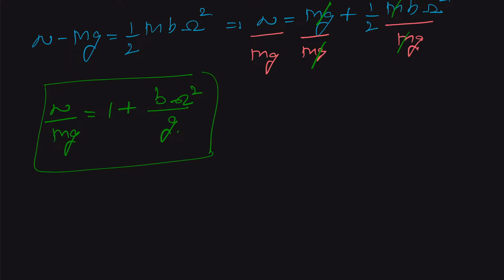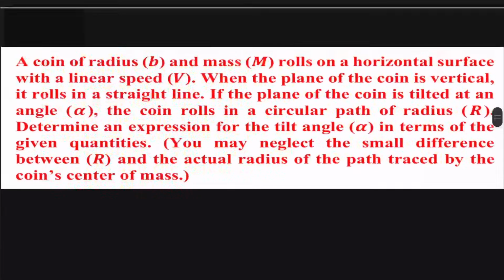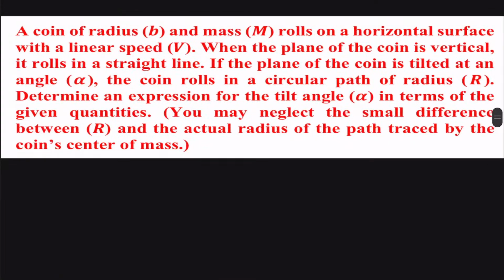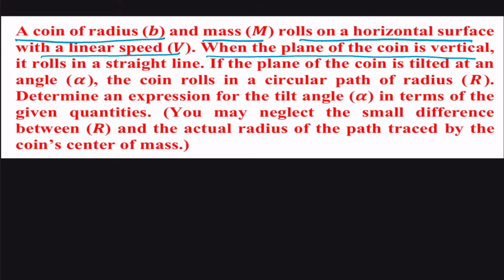Okay, so next question. It states that a coin of radius b, mass m, rolls on a horizontal surface with a linear speed v. When the plane of the coin is vertical, it rolls in a straight line.